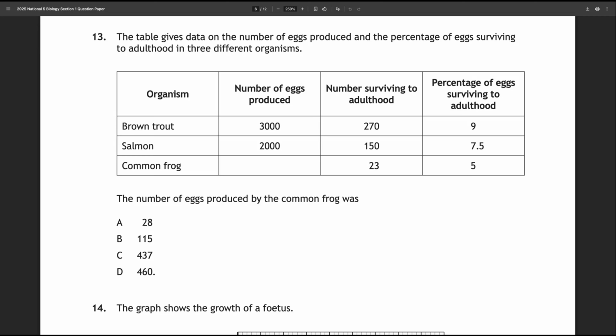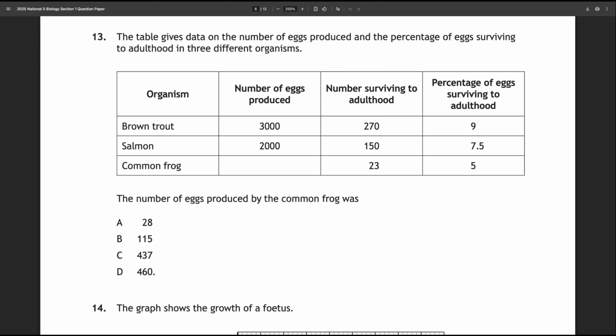If the number surviving were 23, and that's 5% survived, you have to work out what 100% was. So the easiest way to do this is to do 23 divided by 5, that tells you 1%, and then times that by 100, and that tells you what 100% is. And on this occasion, 23 divided by 5 would give you 4.6, and then you times that by 100 and it gives you 460.